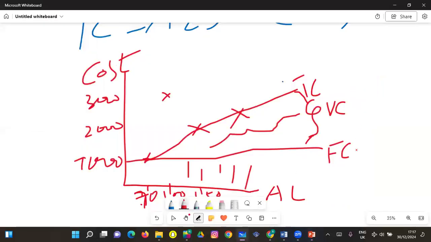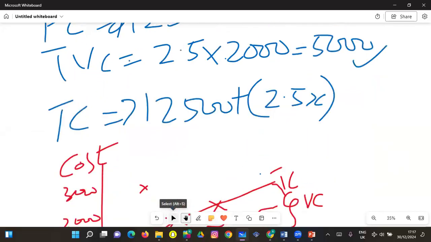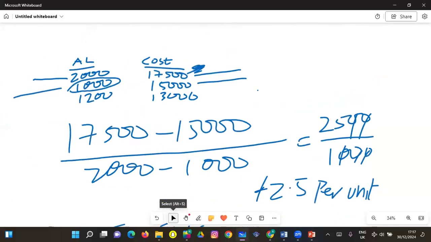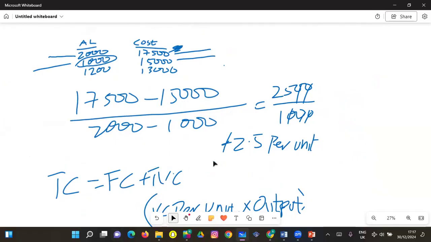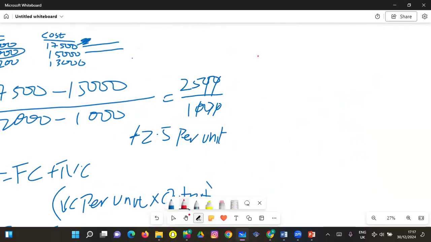So let's use this same example, and then we have the index.